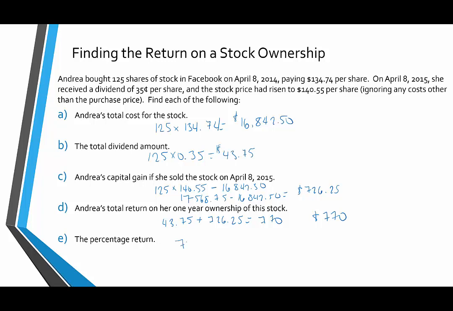We would take her total return and divide it by how much she spent, $16,842.50, and we'll multiply by 100% to convert it to a percent. And her percent return was only 4.57. So not as good as Tarek's, but hey, it's still money that she didn't previously have, so not too bad.